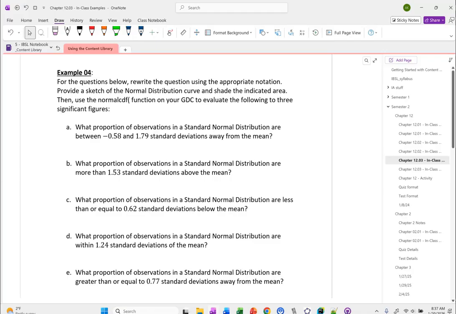So to do this problem, you want to start by first identifying the type of distribution that you're working with. In this case, we're told we have a standard normal distribution. So we have z is normal, and because it's a standard normal, you know the mean is 0 and the standard deviation is 1.